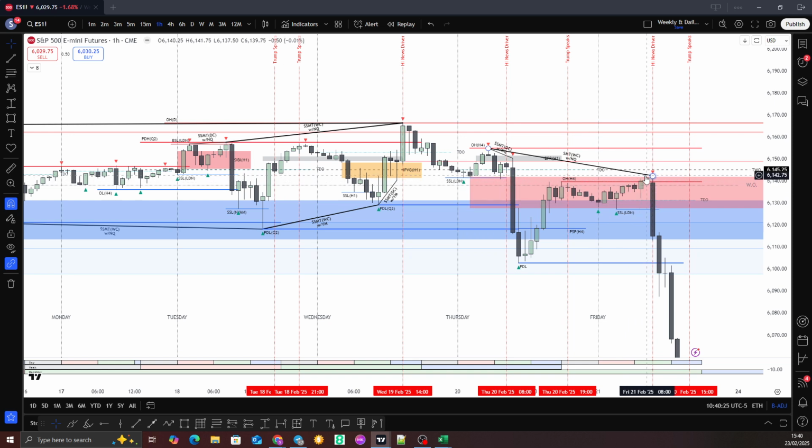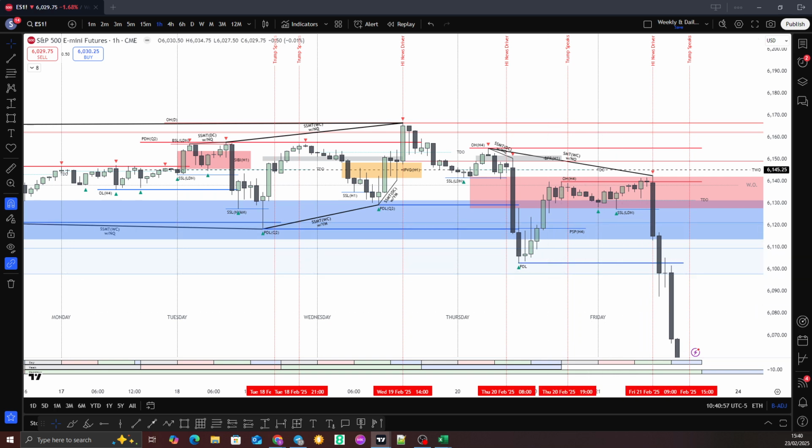However, we get this high time frame cracking correlation here where NQ purged this H4 high, so it's a high time frame liquidity pool, whilst ES did not, and that set the stage for an aggressive move lower, purging the previous daily low and just failing short of the old low daily and the previous weekly low to set and close the week.